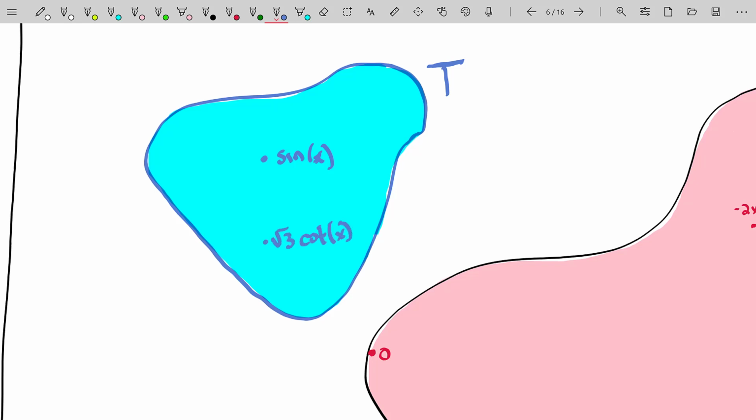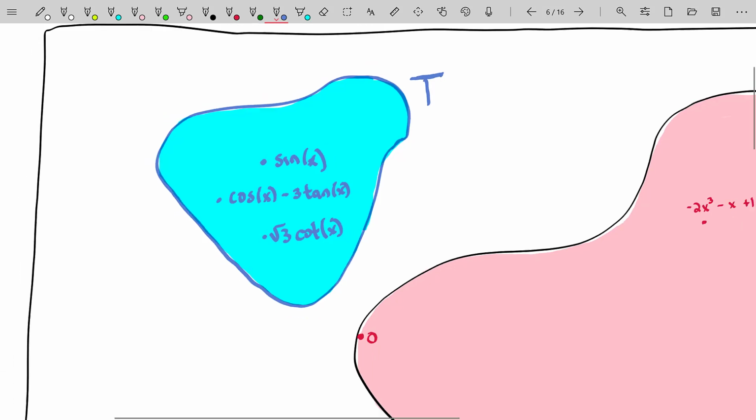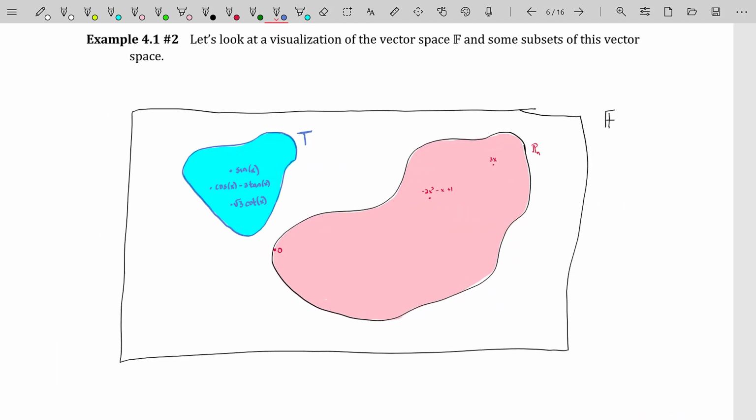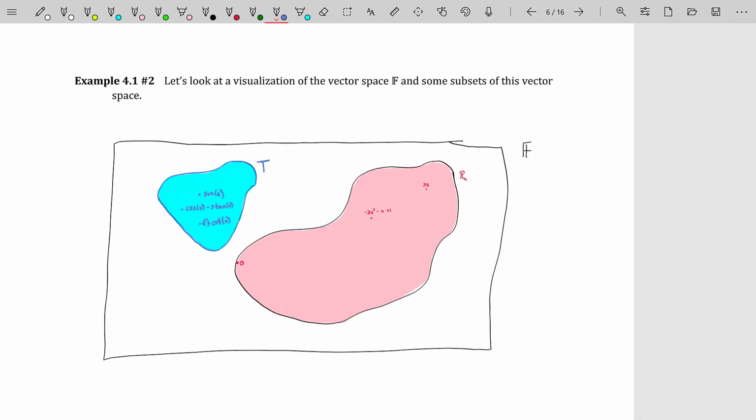And by the way, sums of these vectors would also be within T. For example, cosine of x minus 3 tangent of x would also be a vector within T. So its size is not necessarily less than the size of the set of polynomials of degree n or less. It's just that I didn't want to have to draw in a large space for that. So these are considered subsets of our vector space F.